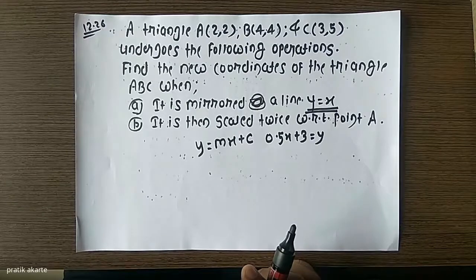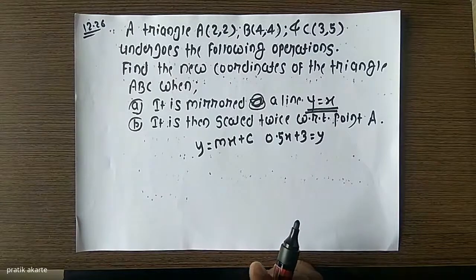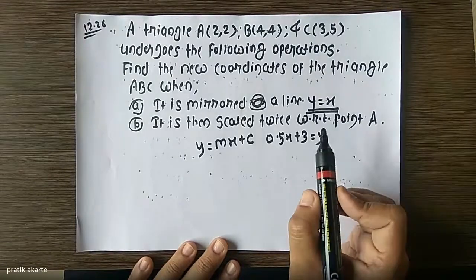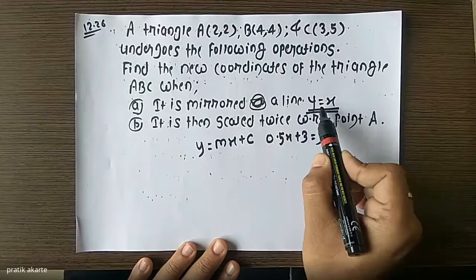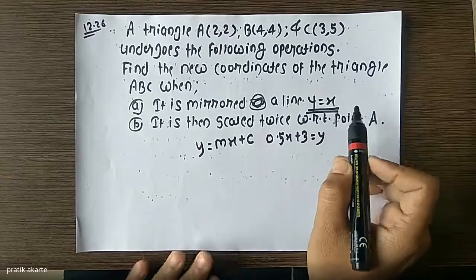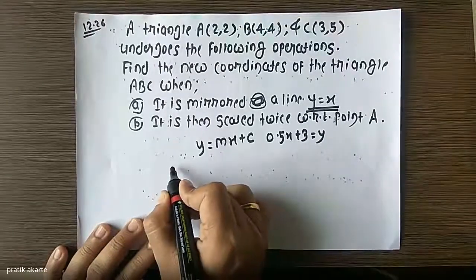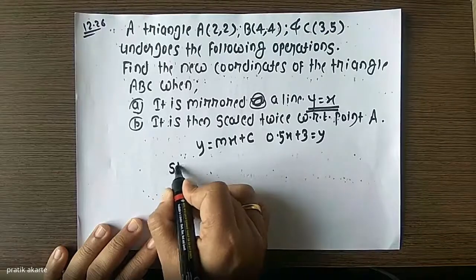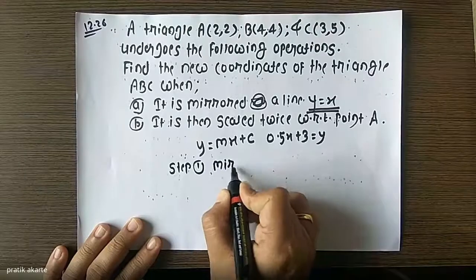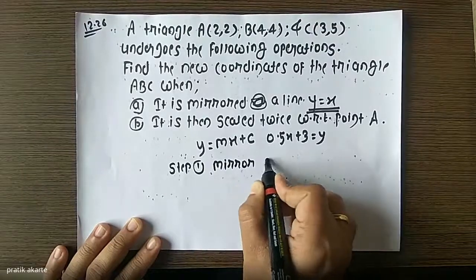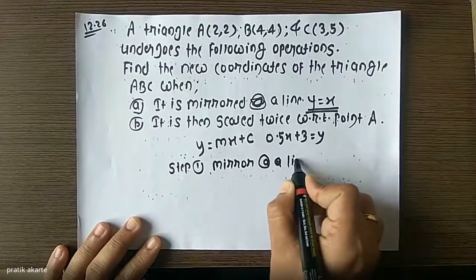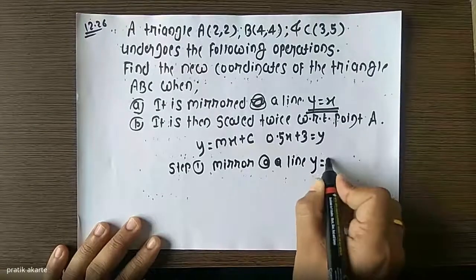And then we have to scale twice with respect to point A. Now here comes the difference. We have to first mirror it about the line y is equal to x. Okay, let us write the steps. Step number 1 is mirror about a line y is equal to x.